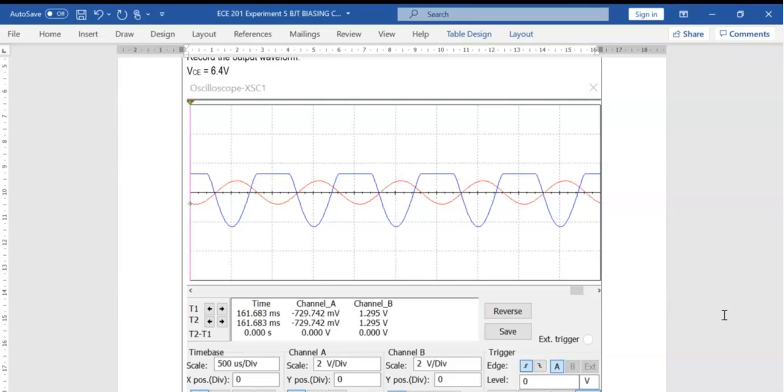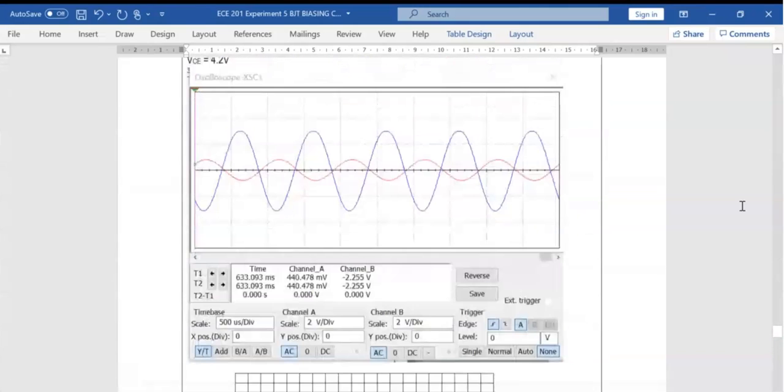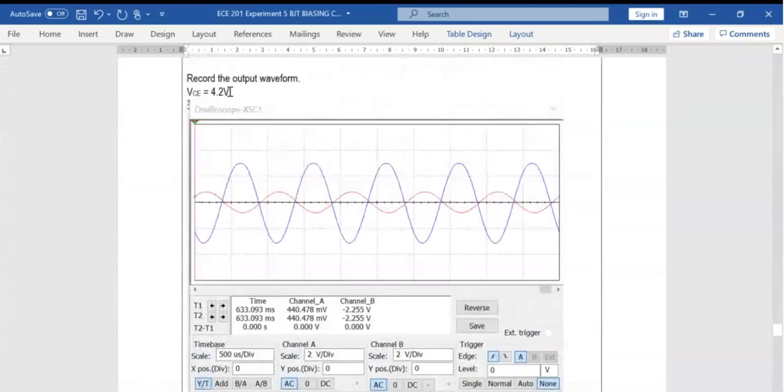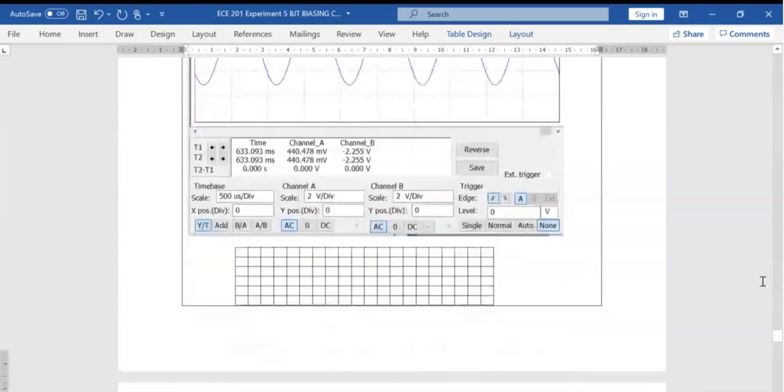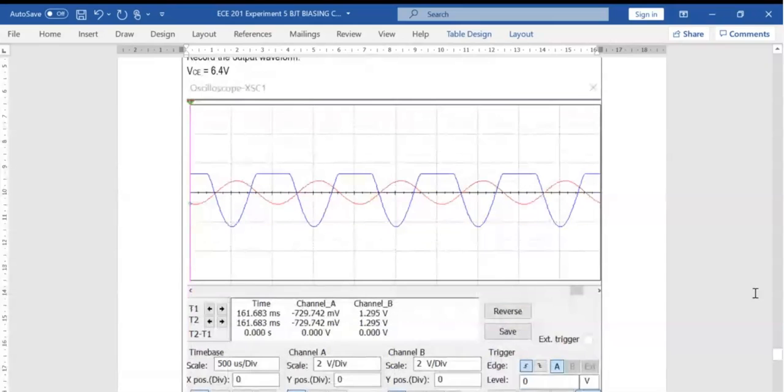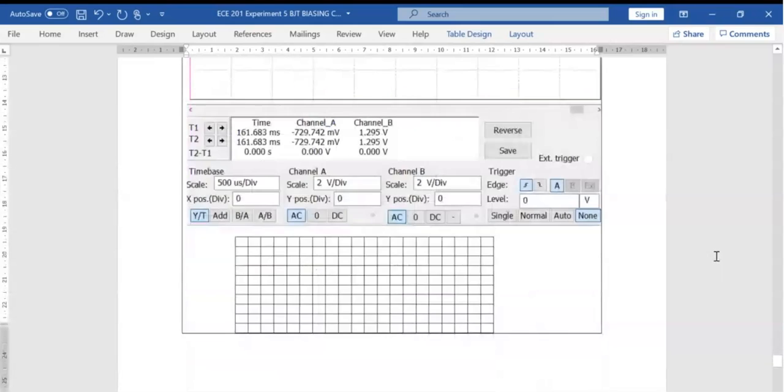When BCE is near 8 volts, we have a clipping. When BCE is near 0 volts, we have also clipping. But if we have a BCE that is almost one half of the supply, we have a good output waveform. So that will be the end of our experiment.